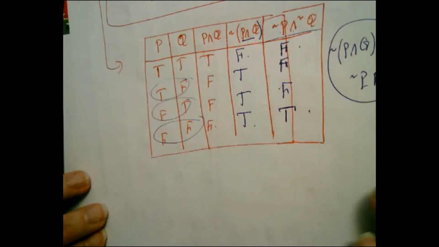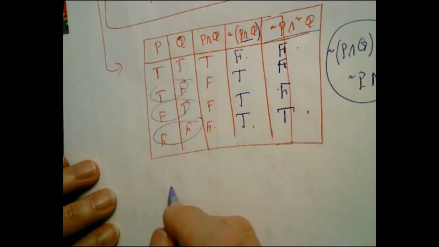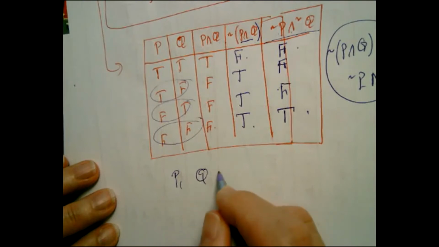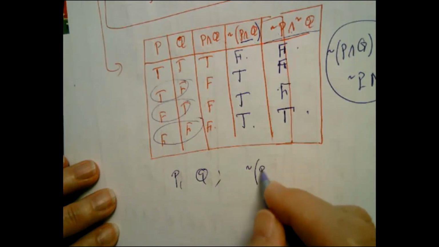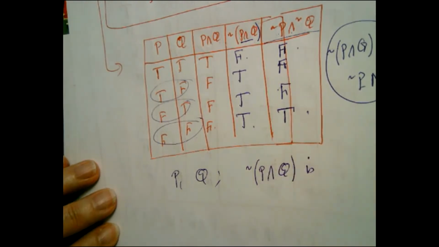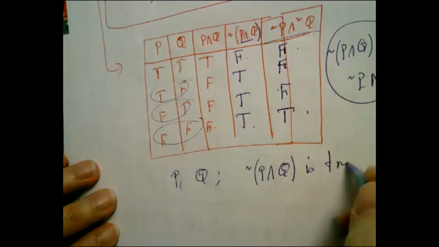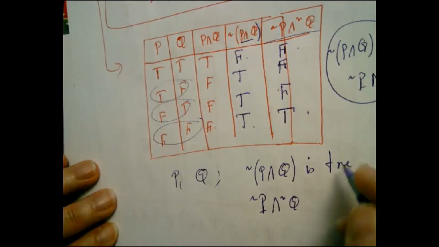Now I want one question from you, one example. I want you to give me a real example, a mathematical example, not a John is tall, a mathematical example of P and Q, such that the negation of P and Q is true, and non-P and non-Q is false.